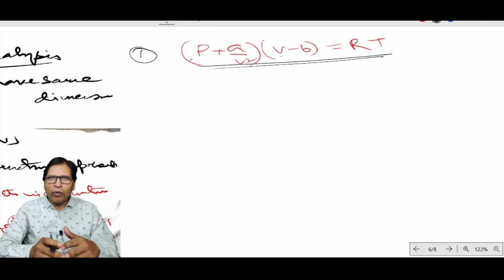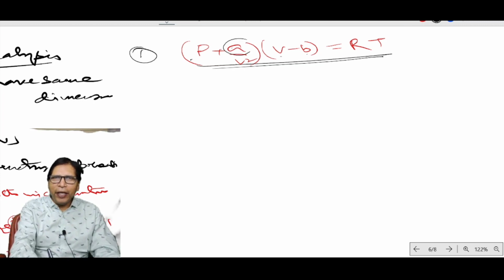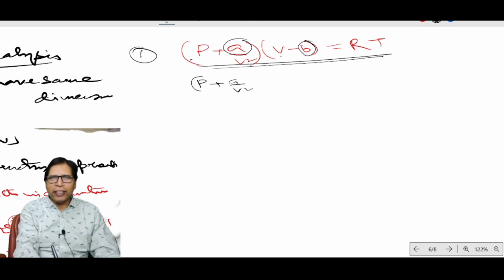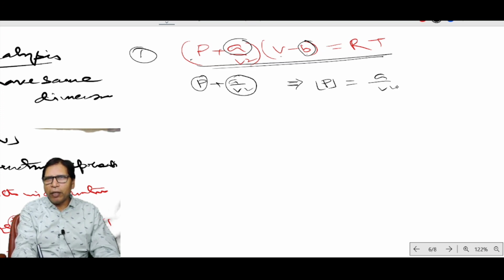We have to calculate the dimension of A and the dimension of B. Here P plus A by V square are the added terms. So from dimensional analysis, the dimension of P is equal to the dimension of A by V square.